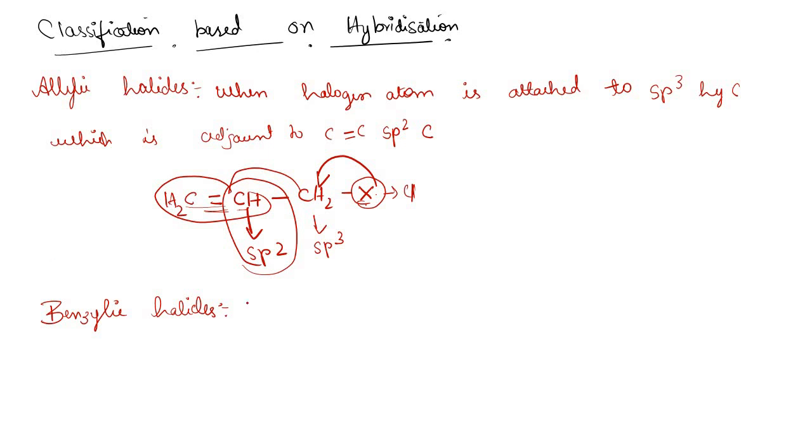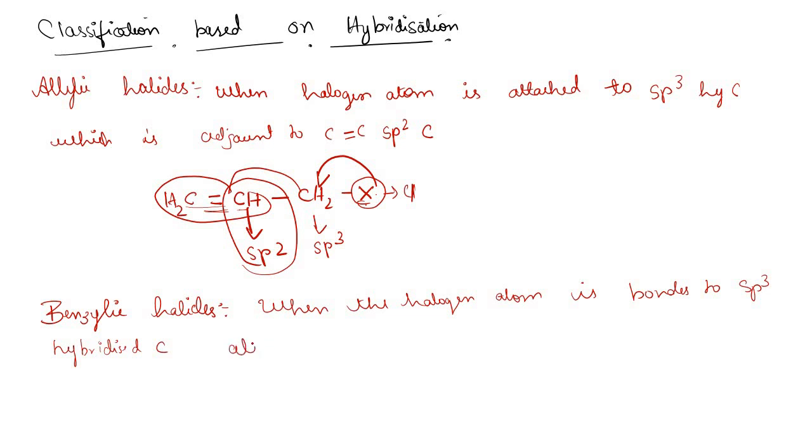So benzylic halides means the halogen atom is bonded to an sp3 hybridized carbon attached to an aromatic ring.